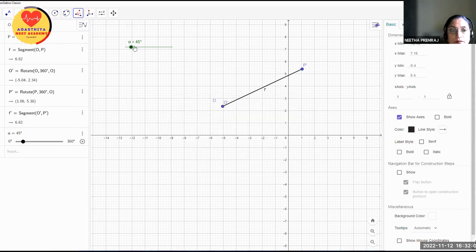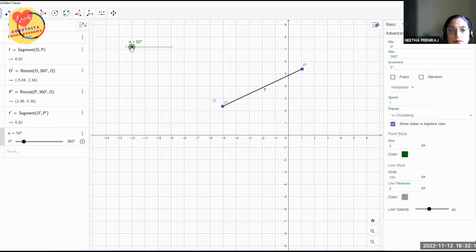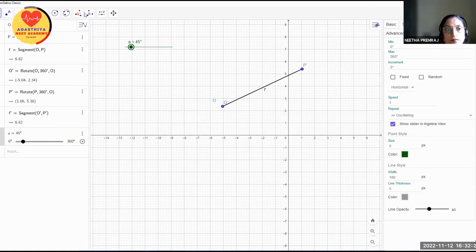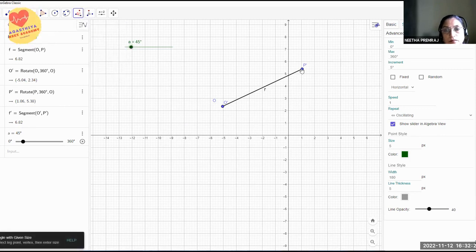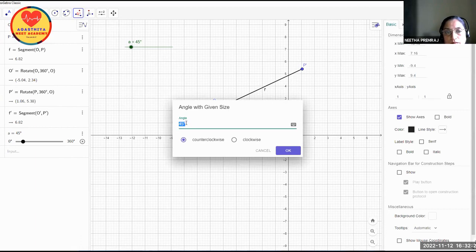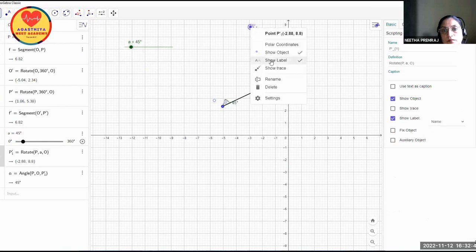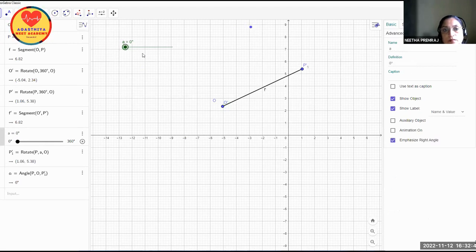One second, guys. One second. See, now you see.